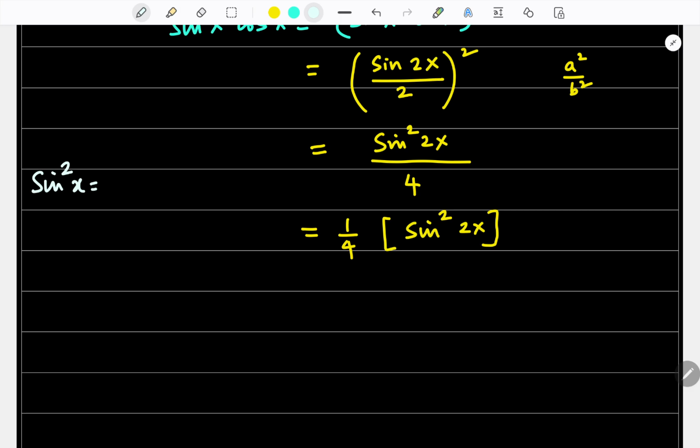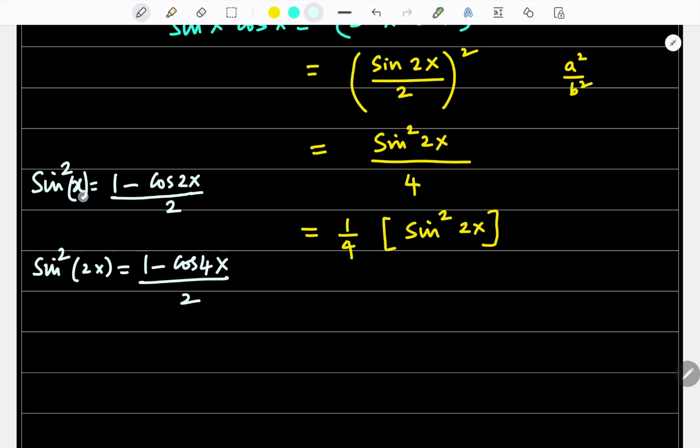What is the formula for sin²x? 1 minus cos 2x divided by 2, right? We want now sin²2x. So sin²2x is equal to (1 minus cos 4x) divided by 2. I told you, the angle here is x and here it is 2x. Here it will be what? 2 times 2 is 4.